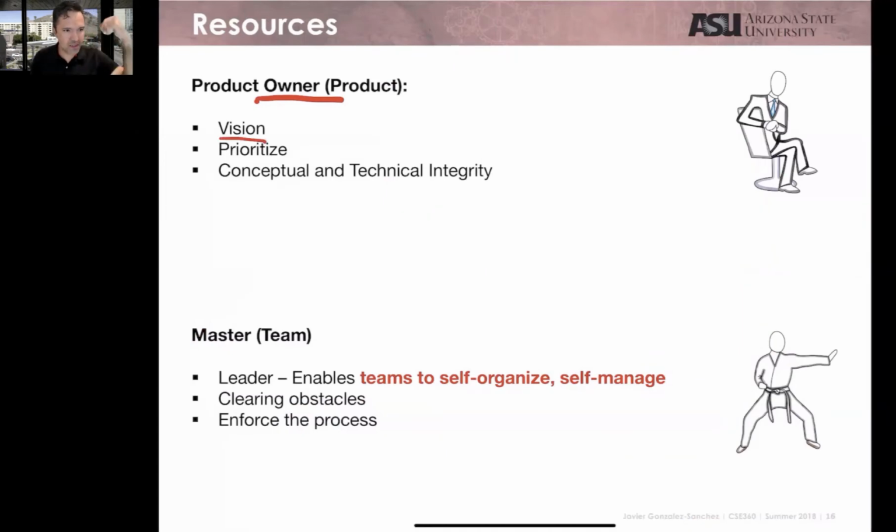Keep thinking about the long term. Help with prioritizing activities. Help the team to focus on what is the priority. What is the priority for the customer? What could be more important, A or B?